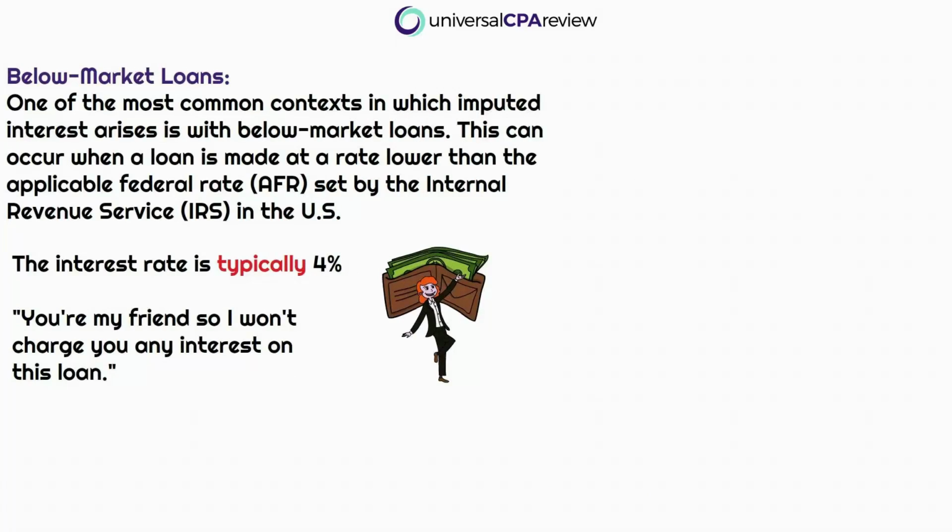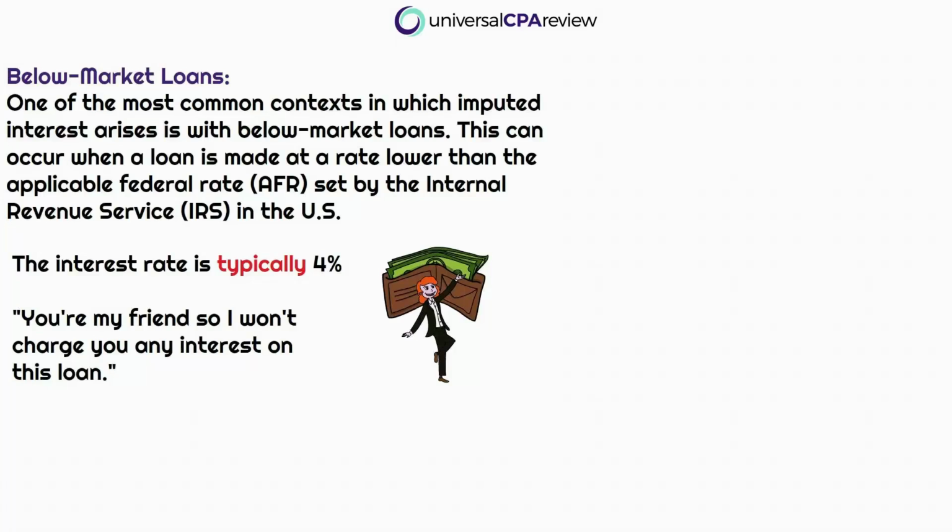Okay, so the applicable federal rate is set by the Internal Revenue Service, the IRS. So for instance, if a parent lends money to a child at 0% interest, the IRS might treat the transaction as if the parent lent the money at the applicable federal rate and then gifted the interest amount to the child. So the parent would then have to report the imputed interest as income, even though they didn't actually receive any interest.